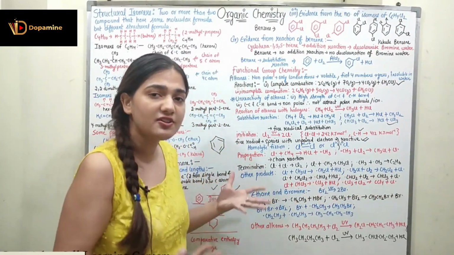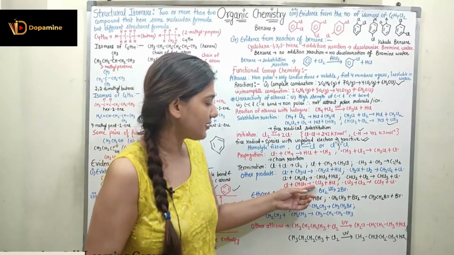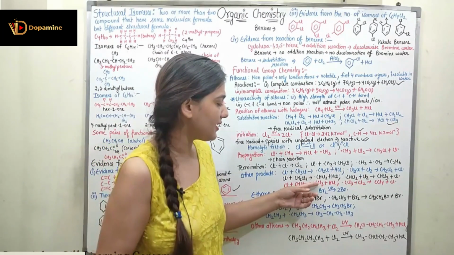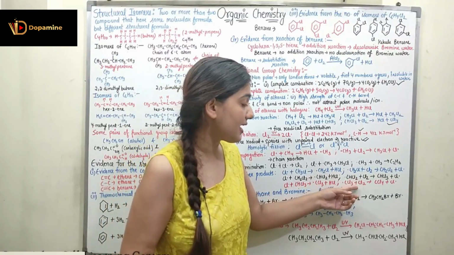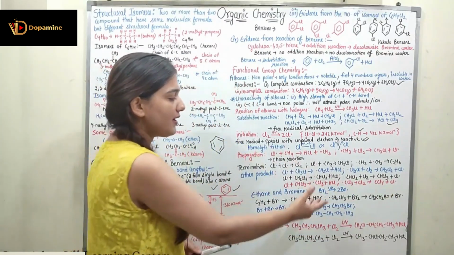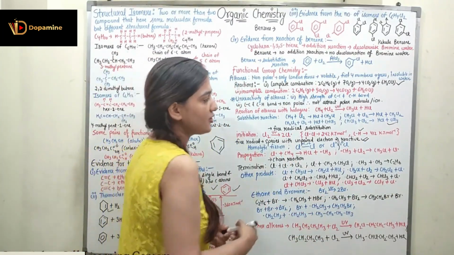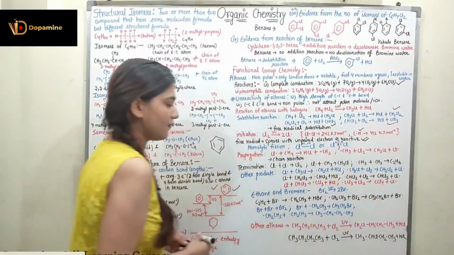So this is just a chain reaction that is going on. Cl free radical plus CHCl3 can give CCl3 free radical plus HCl. CCl3 free radical can react with Cl2 to form CCl4 plus Cl free radical. So what we have observed is the chain reaction to form CH2Cl2, CHCl3 and CCl4.